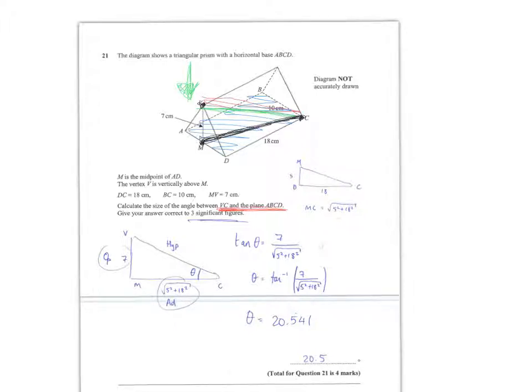Actually, the shadow formed is going to be the line between M and C. So therefore, the angle I'm looking for is the angle between VC and the line MC.